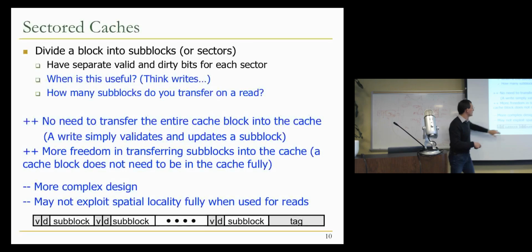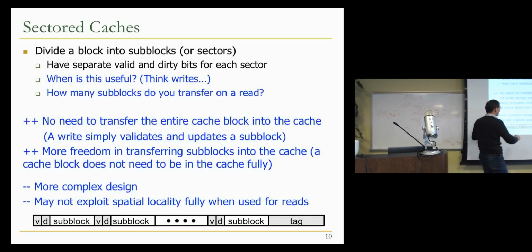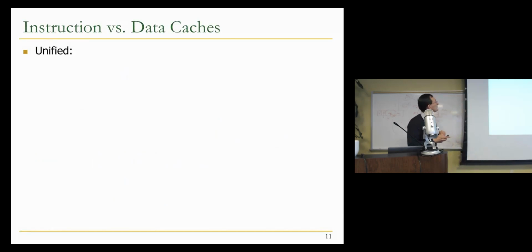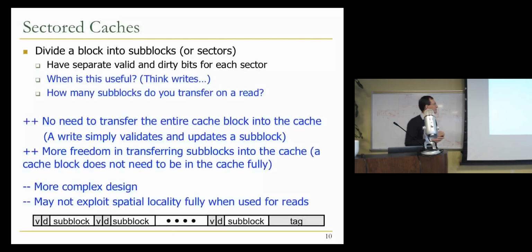Okay? Because if you always bring just one subblock on a read, basically you're getting rid of the spatial locality benefit you would get by bringing the remaining subblocks. Okay. Any questions? So subblocked caches are nice because they give more flexibility, and they're used in many designs today.